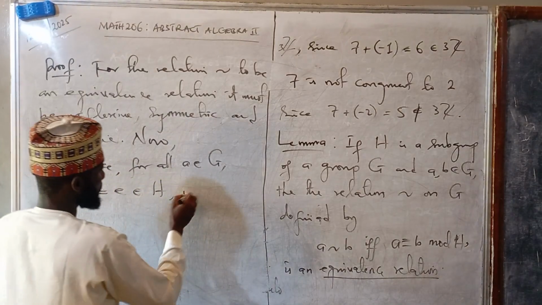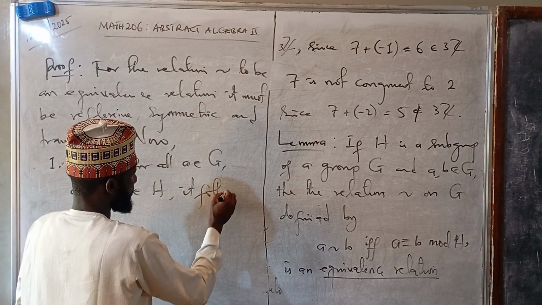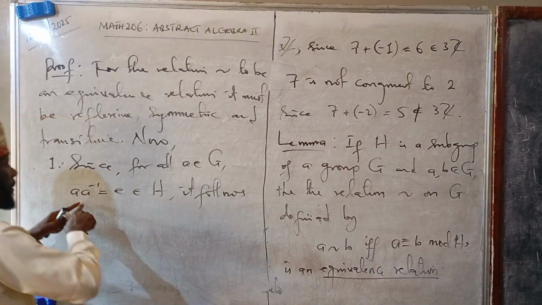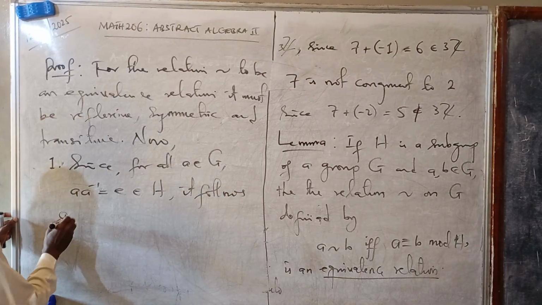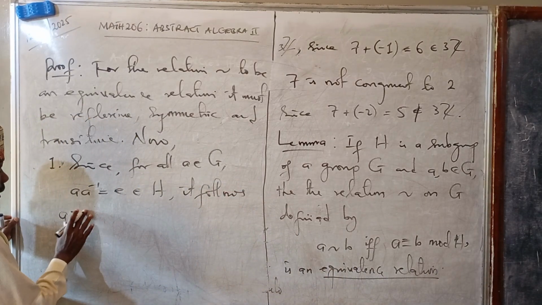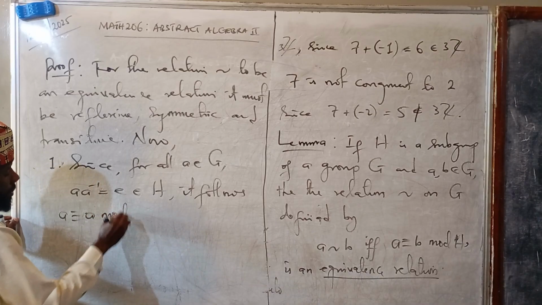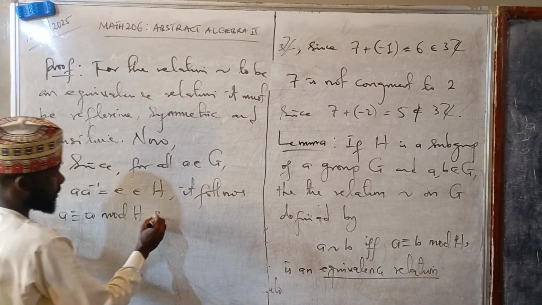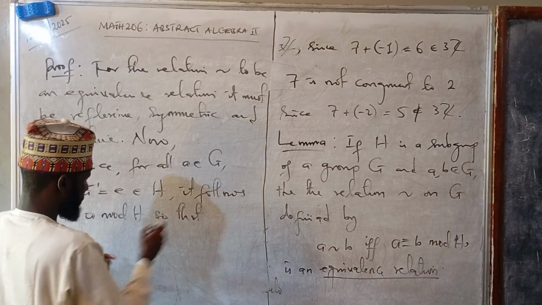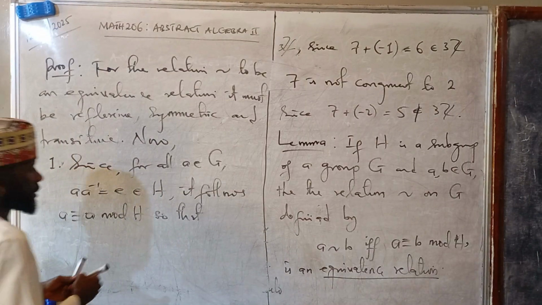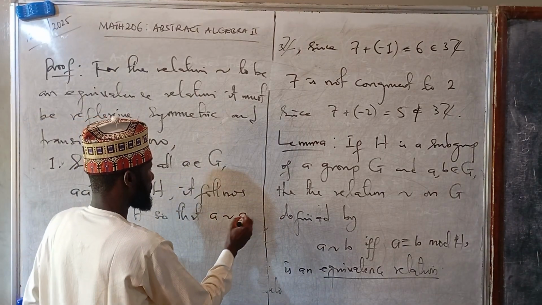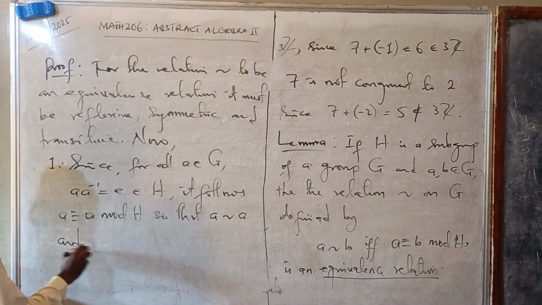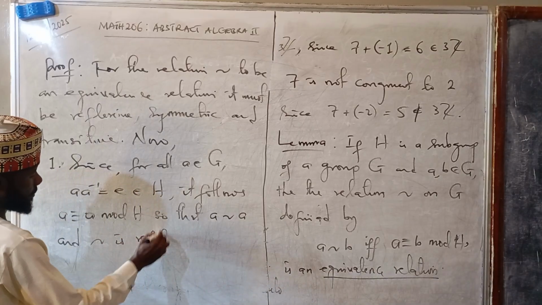So it follows by the definition of congruence modulo that A is congruent to A modulo the subgroup, so that A is related to A and the relation is reflexive.